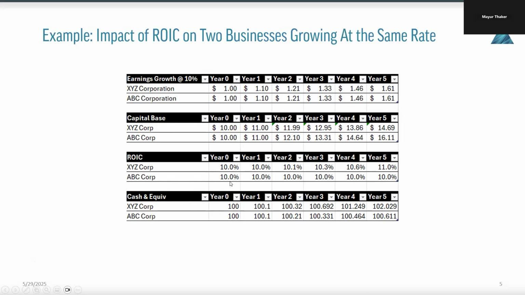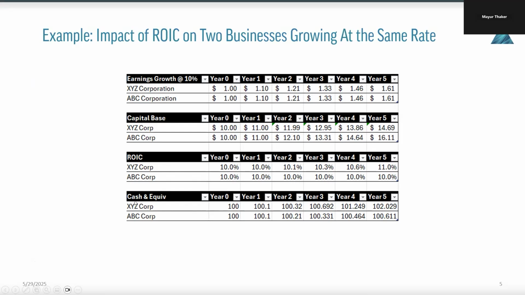So what this is telling you is that XYZ is getting more and more efficient, meaning it's generating more incremental earnings than the incremental amount of capital that needed to be reinvested into the business. So what does that mean?